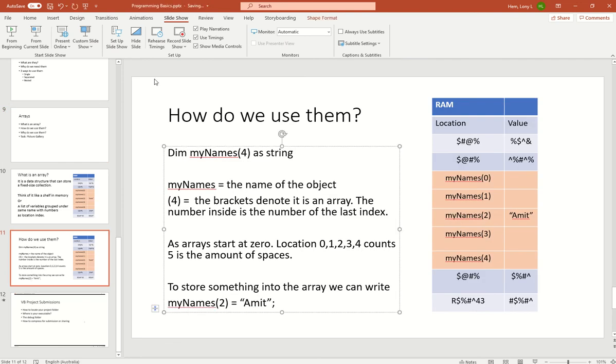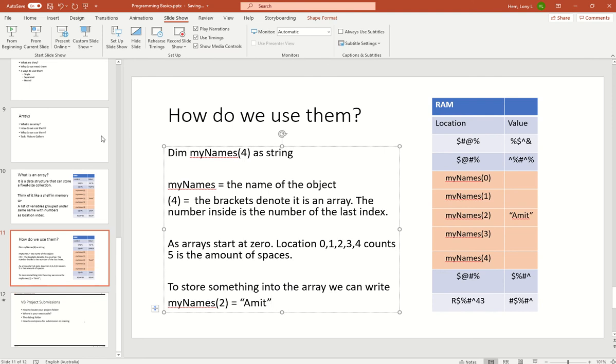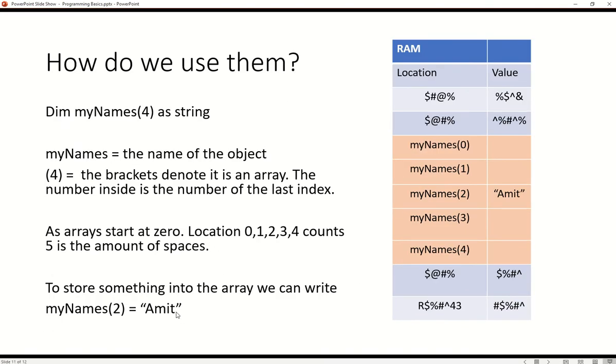Curved brackets. And then you go equals, and then you put in whatever you want to put in. And there's no semicolon in this language. So MIT is being stored into this array at this location, which is the third location. 2 is the third location because it starts at 0. Let's actually do it.